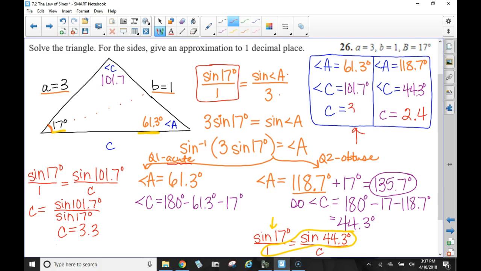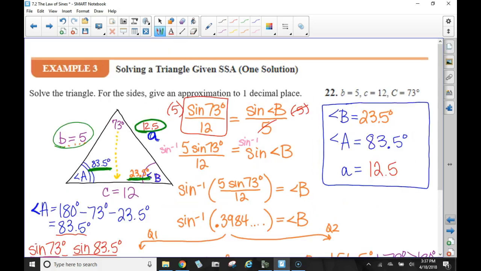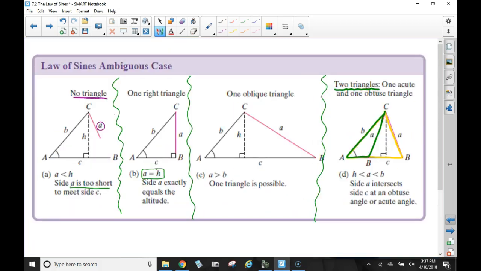Okay? So this is an example of where we have the two triangles. Okay? The two separate triangles. That a picture of that happening, remember, was when the side opposite the given angle was just right to form two triangles.